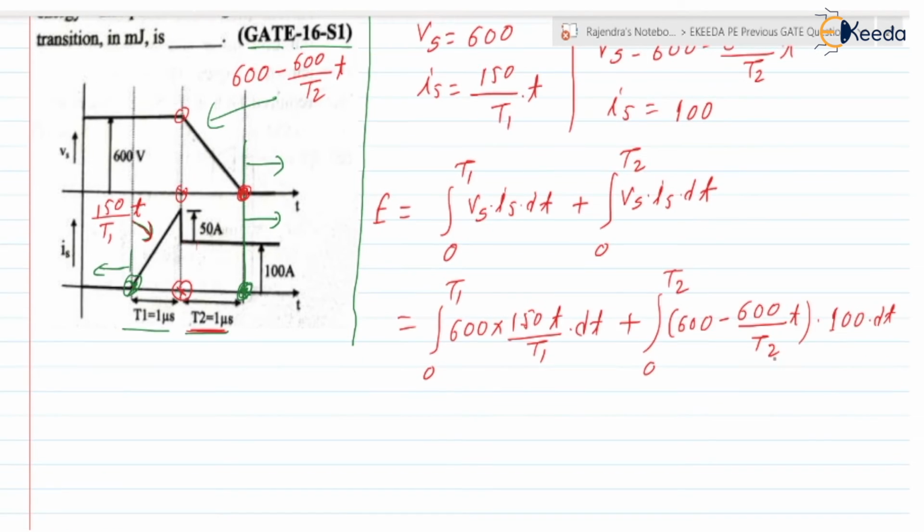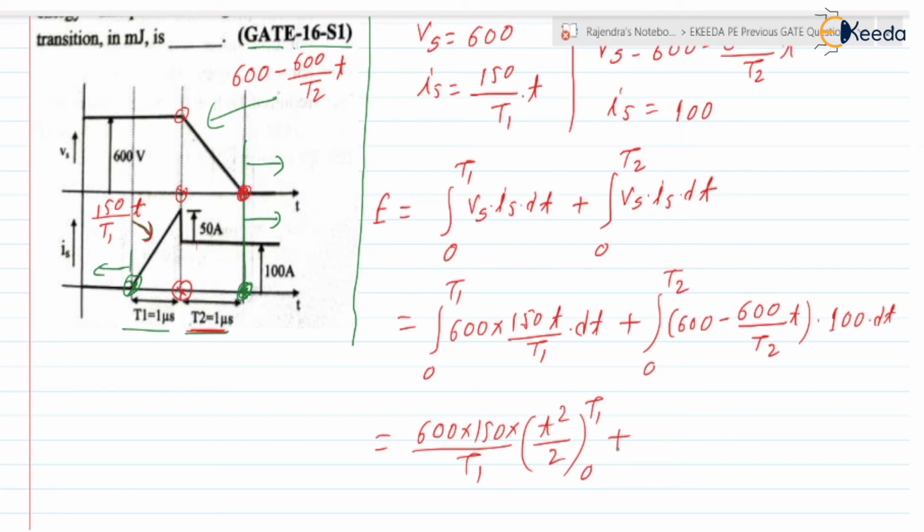Now we need to simplify it. So we can write E as 600 into 150 divided by t1, into t square by 2, limit 0 to t1.